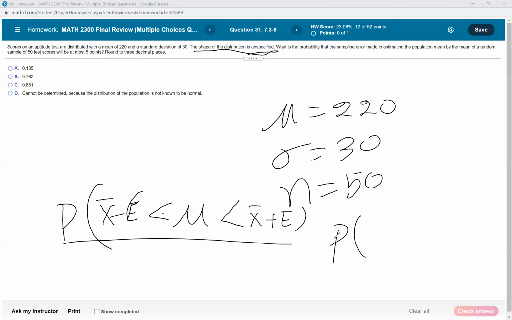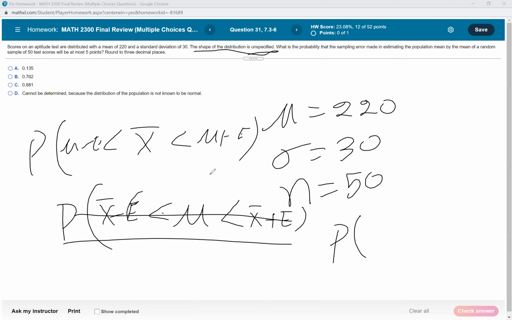If you simplify this, X bar lies between mu minus E and mu plus E, where the maximum is 5 points.